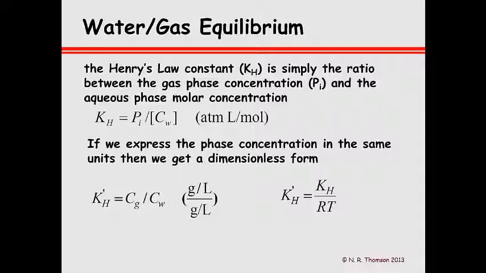There's a way to express that in a nice form that's called the dimensionless Henry's law constant form, that is Kh prime equaling the concentration of the gas phase divided by the concentration of the aqueous phase. And in that case, Kh prime is Kh over RT. R is clearly the ideal gas law constant, and T is the local or ambient temperature in degrees Kelvin.